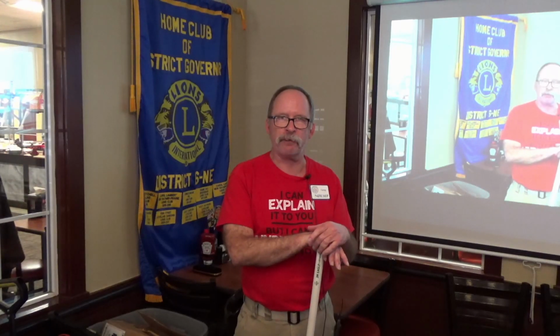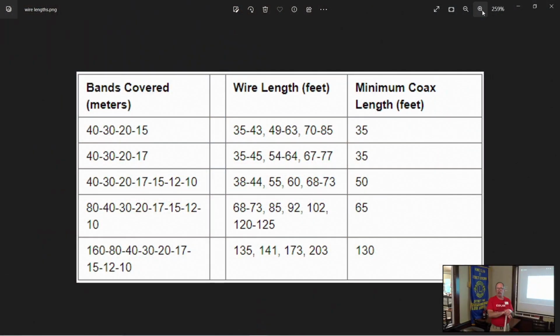Like 1 wavelength, 1.5, 2 wavelengths. You want to stay away from all those, and you want to stay away from quarter wavelengths if you're using a matching transformer that changes impedance, because then that'll change that quarter wave into something useless.